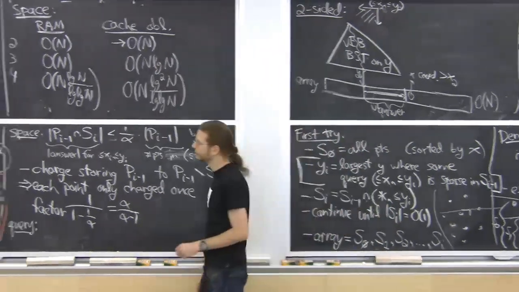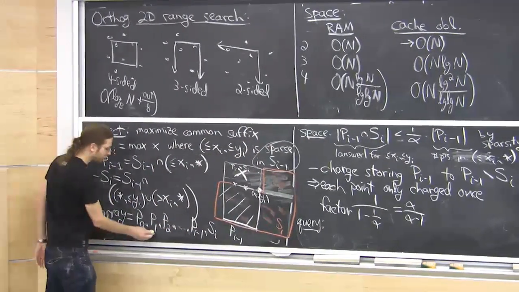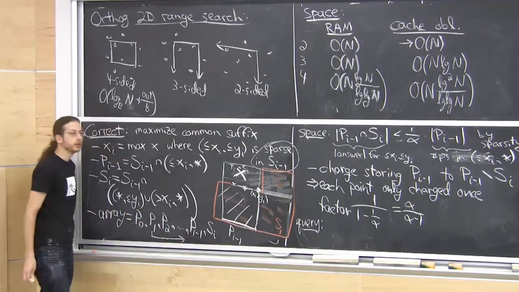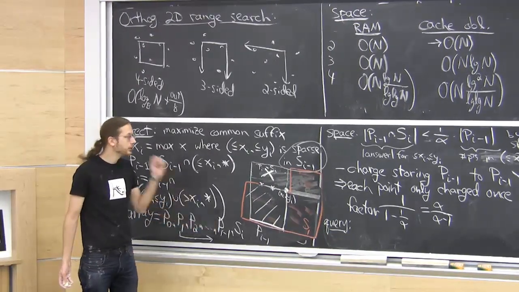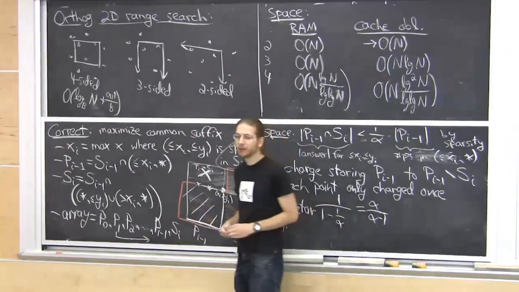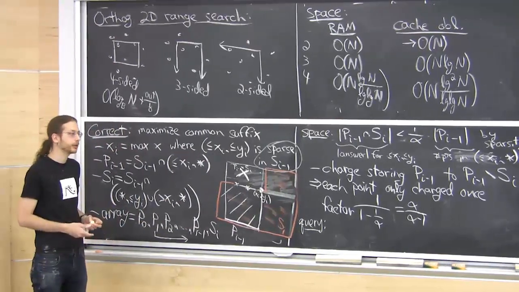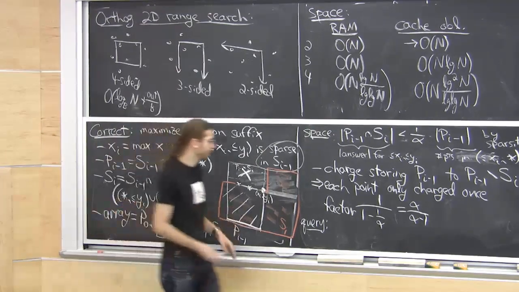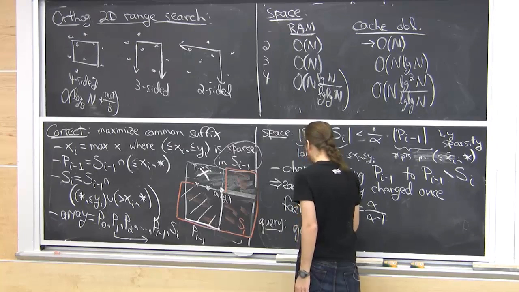We no longer have that luxury over here because we're using PIs instead of SIs. So it actually may be a search starts in P1, but then has to go through P2 and P3. But it's okay, because the farther we go right, we have this sparsity condition that tells us the number of points we're looking at are getting smaller and smaller. So I'll wave my hands a little bit here, but the claim is it's a geometric series.